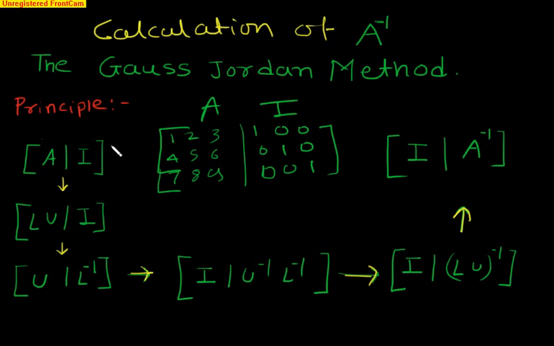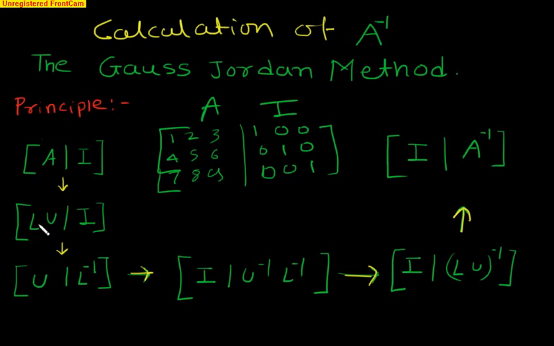First write down like this, A I, and after that, A can be written as LU. I have shown you in our previous video how to decompose A in the form of LU.